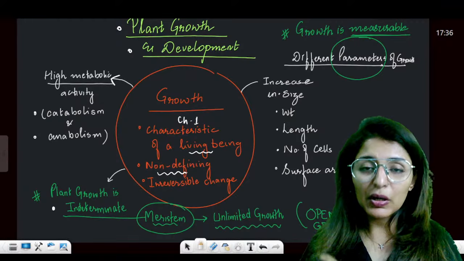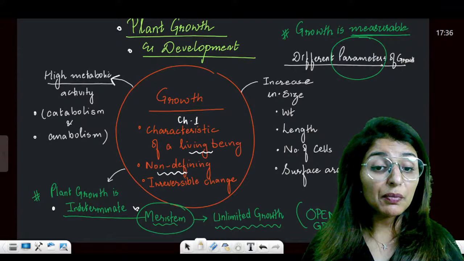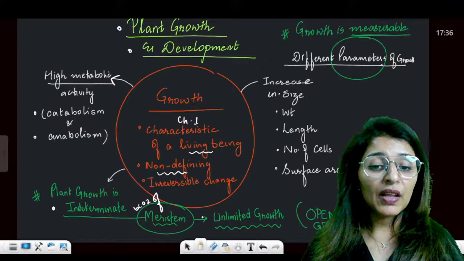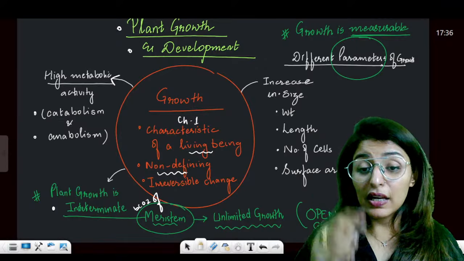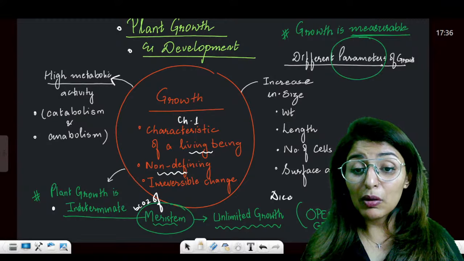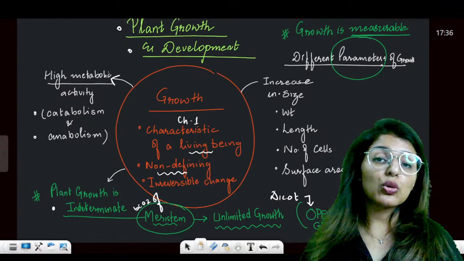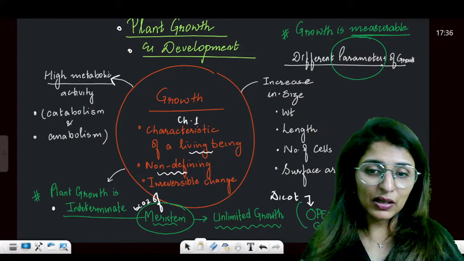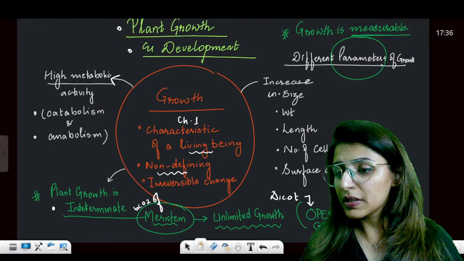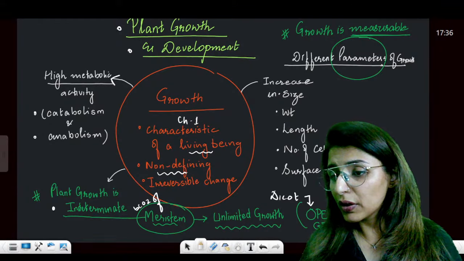It is indeterminate because of the presence of meristem. And we know there are meristems present at different places. Now in case of dicots, if you remember, secondary growth is also possible because of the secondary meristem, and we call it open growth. We have read anatomy. Yes or no? All of you are clear with this?